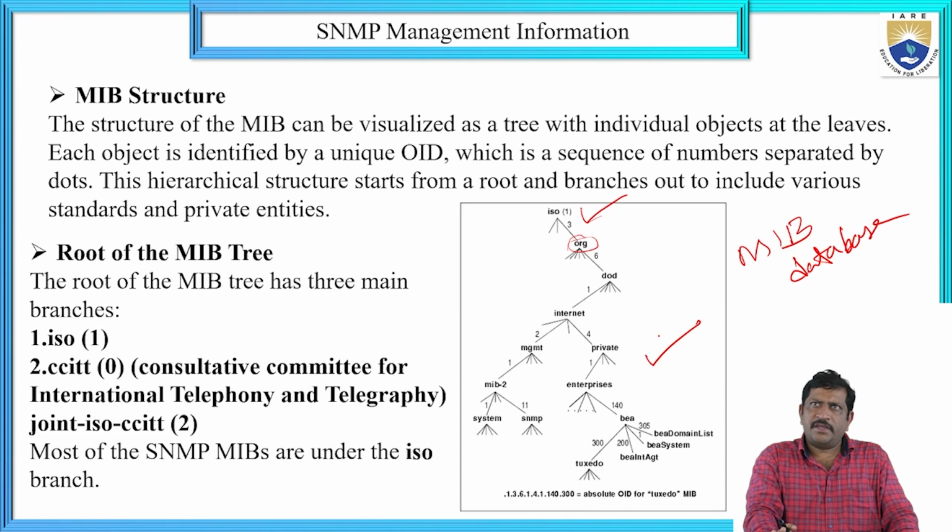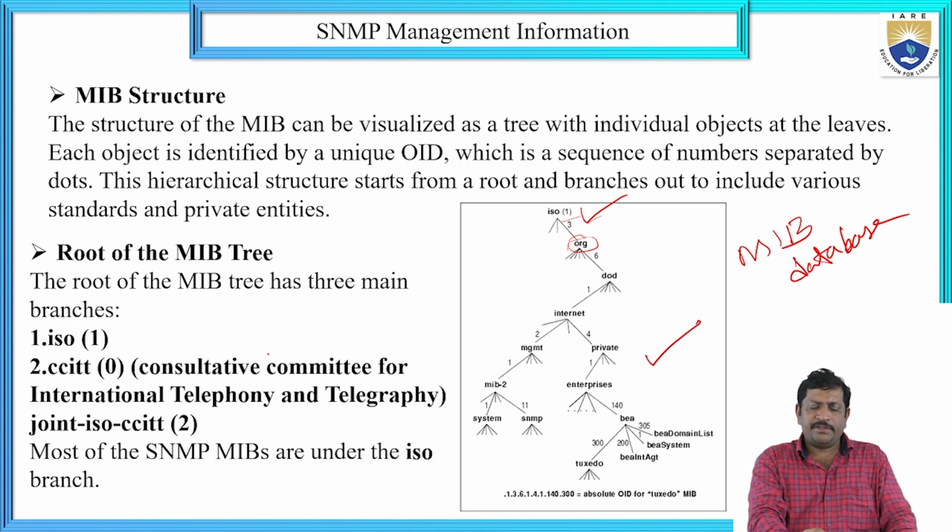With individual objects at the leaves, each object is identified by using unique object IDs. By using the unique object IDs, the objects can be identified. Here ISO 1: the unique object identifier is 1.